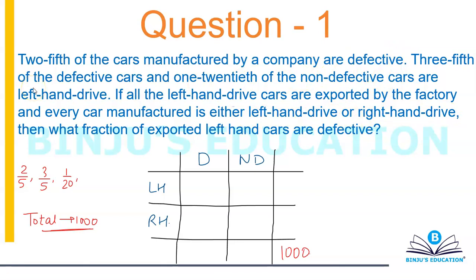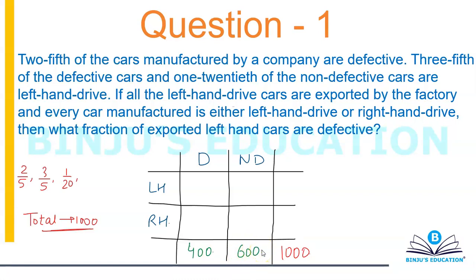So 2/5 of the cars manufactured by a company are defective. So 2 by 5 of 1000 will be 400. Now can I immediately say that if out of 1000 400 are defective, that means 600 would be non-defective. So 600 are non-defective or not defective.